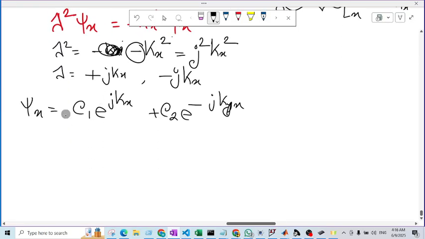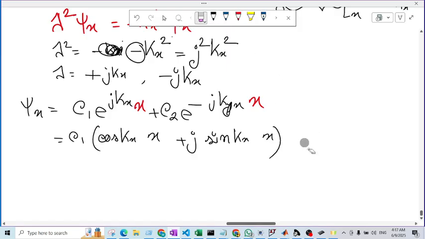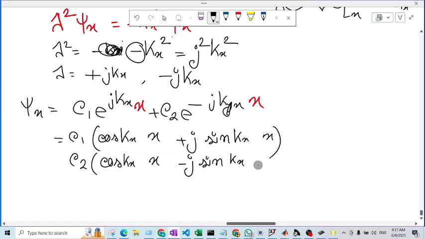Let me write e to the power jkx as cos kx into x plus j sin kx into x, and then again c2 into cos kx into x minus j sin kx into x.